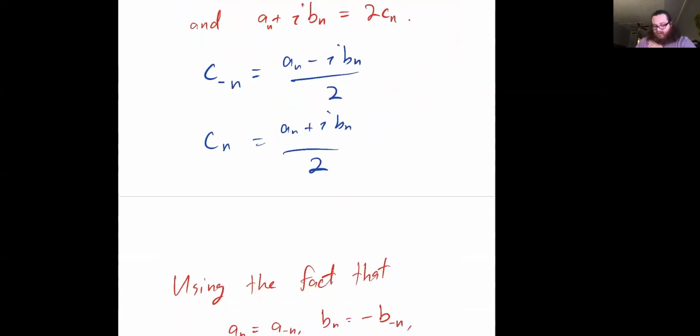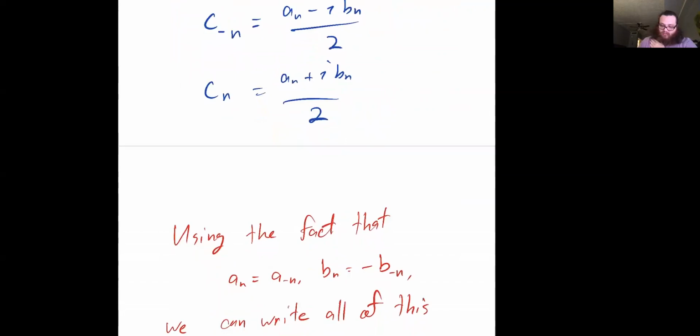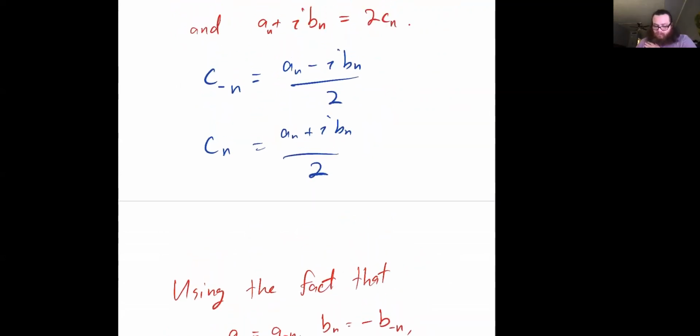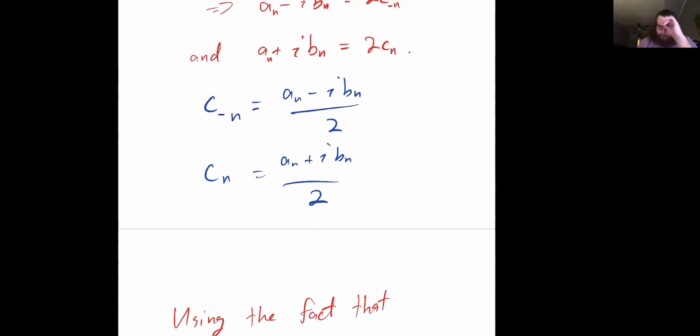Okay, but one thing to notice is that A sub n is equal to A sub minus n, but B sub n is equal to minus B sub minus n. So the C sub minus n, we can write as A sub n plus i times minus B sub n over 2, which is going to be A sub n plus i b sub minus n over 2.